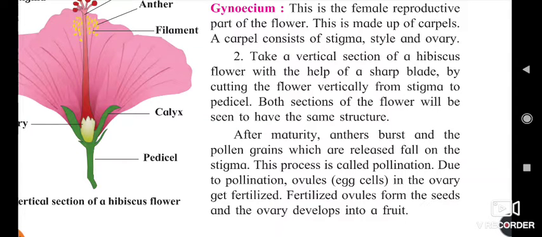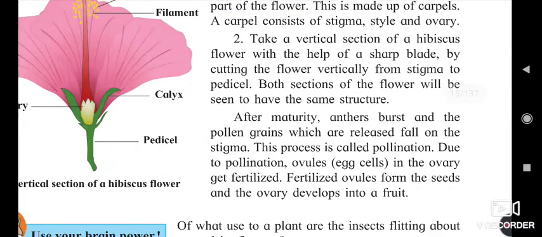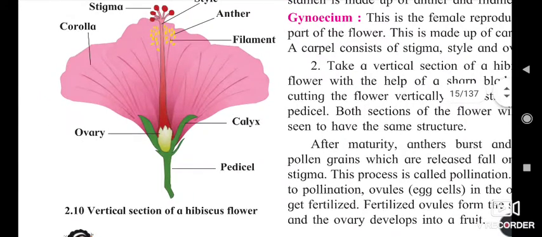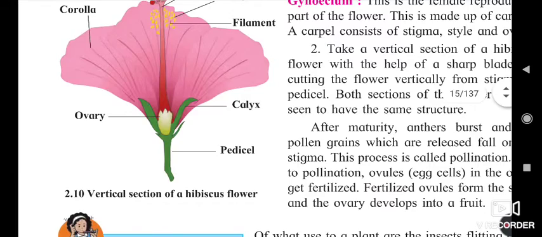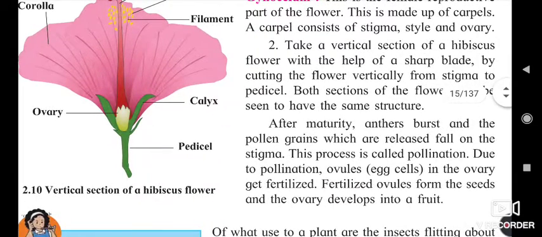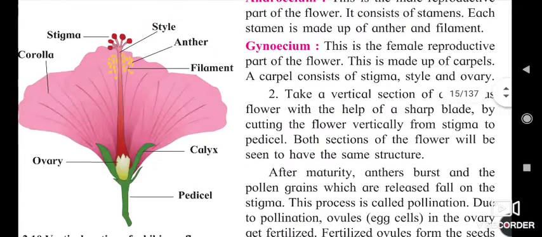This process is called pollination. Due to this pollination, ovules, egg cells in the ovary get fertilized. The fertilized ovules form the seed, and the ovary develops into fruit.